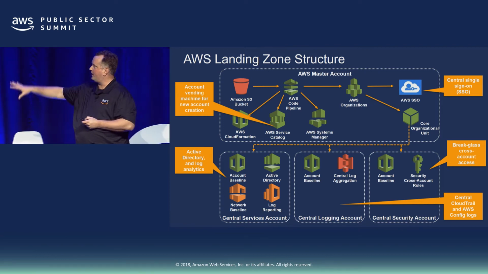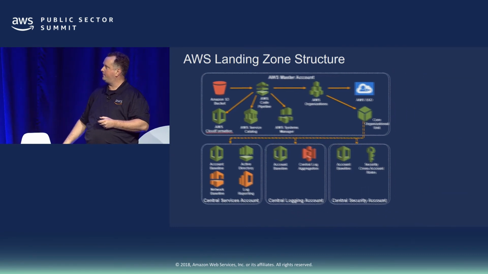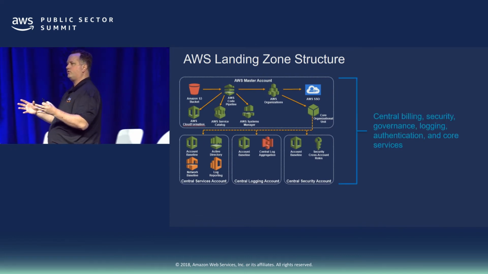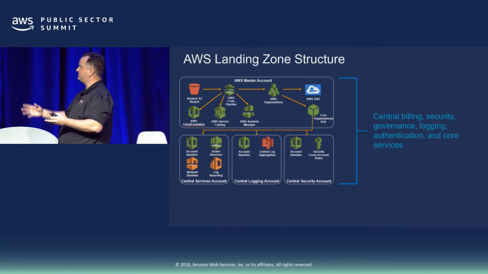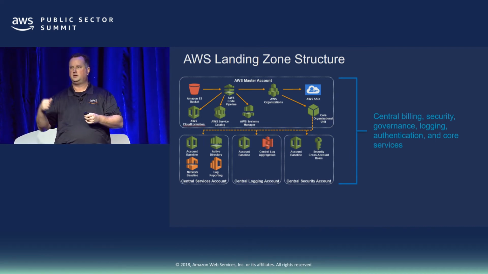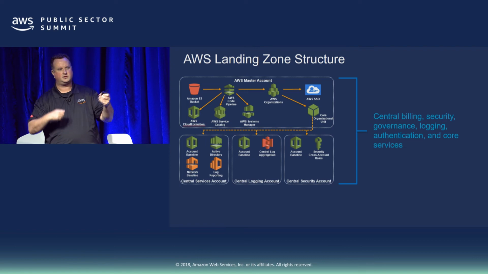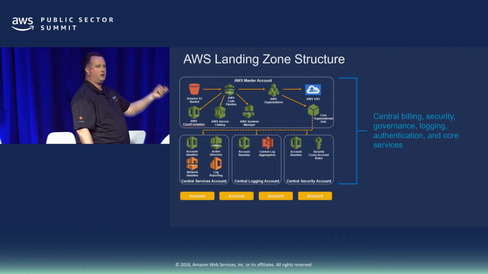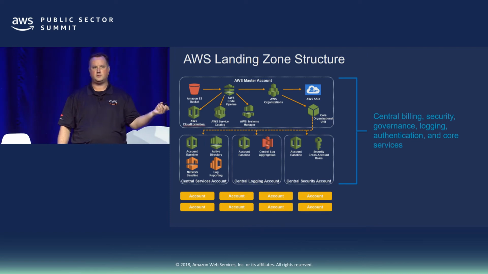So if I take all this away and zoom this down a little bit, here's sort of what the big picture looks like. Everything that I've described so far is set up one time at the beginning. This is your management structure. This is what the IT folks are going to use to do the central logging, governance, and whatnot. Then below that, you start creating all the member accounts through the vending machine.